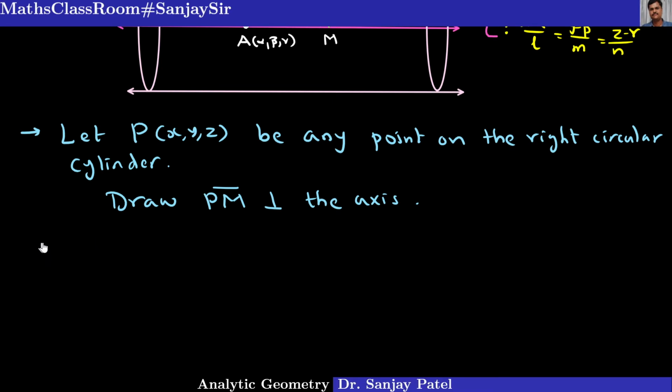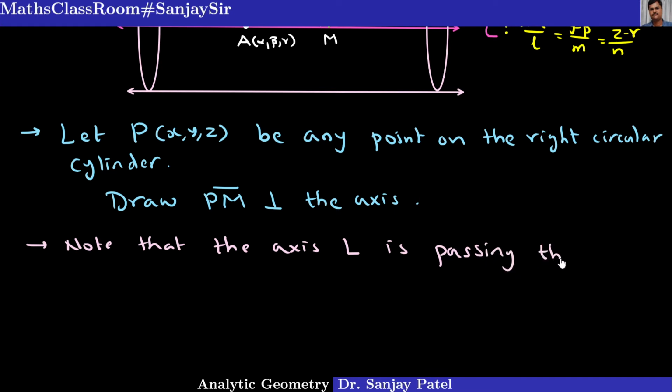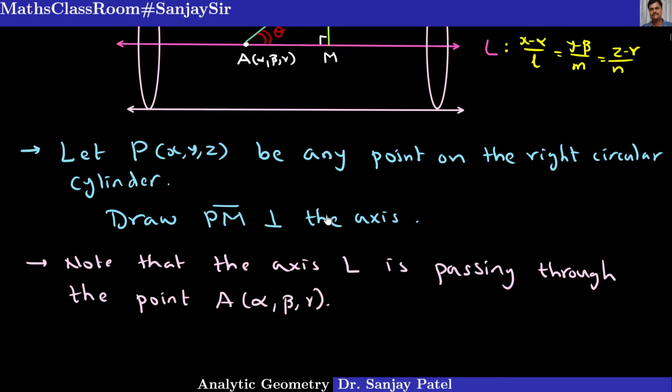Remember that the axis L is passing through the point capital A, alpha, beta and gamma, that we have mentioned in this figure.